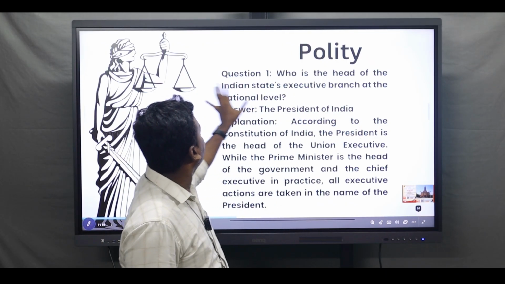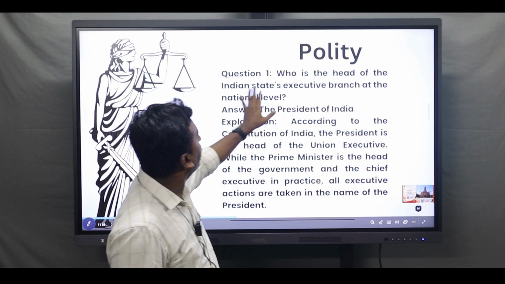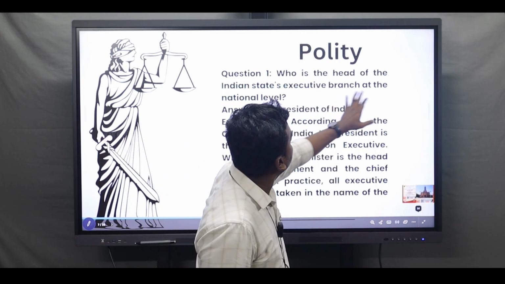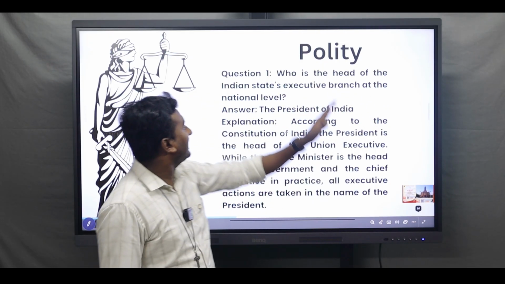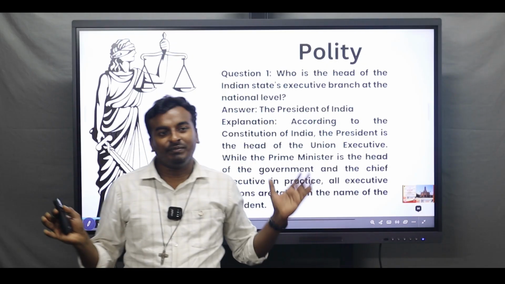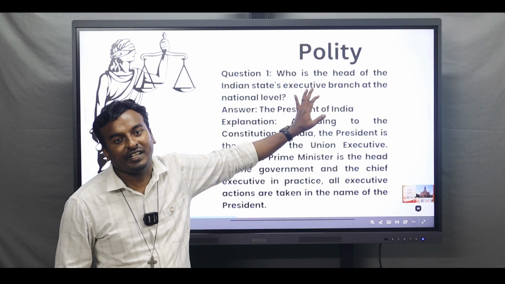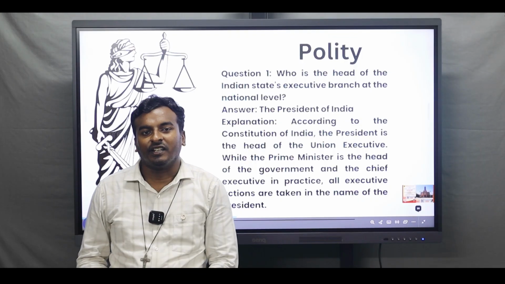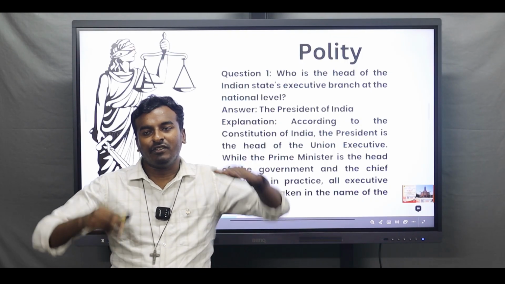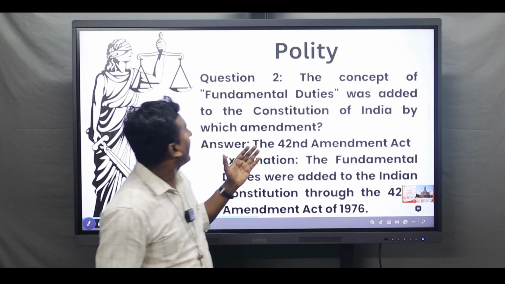At the national level, the head of the executive branch means the highest authority, that is the President of India.